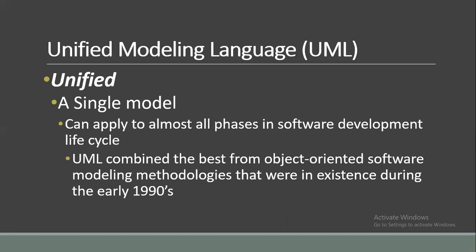Regarding the wording of UML, the Unified Modeling Language, the meaning of unified is that it's a single model. We can apply it to almost all the phases of the software development life cycle. UML mainly supports object-oriented concepts, meaning it supports object-oriented decomposition and the object-oriented programming paradigm.